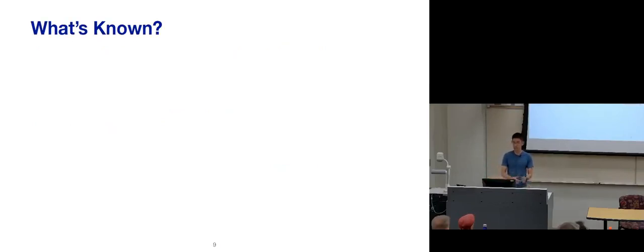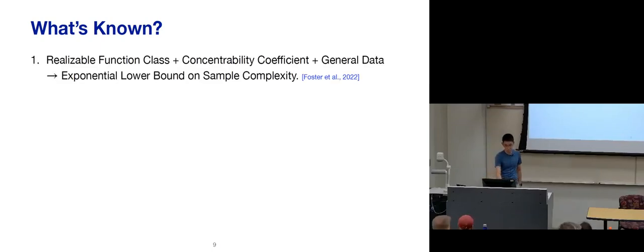Okay. So next, let's recap some previous existing literature. This is another work that focused on offline policy evaluation: Foster et al. '22. It shows that with a realizable function class, and assuming the concentrability coefficient is small, if the data are sampled according to a general offline distribution mu, then we have an exponential lower bound on the sample complexity.